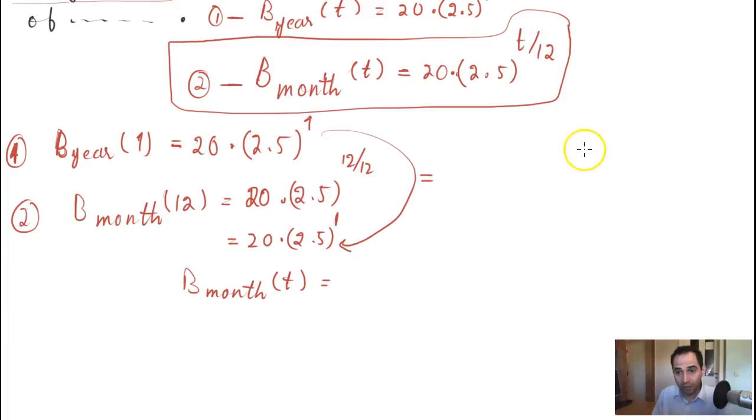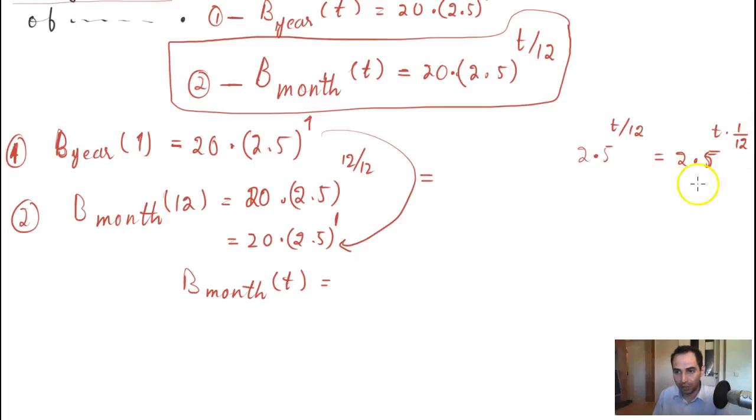So basically what I have here is 2.5 raised to the power t divided by 12. So I can rewrite this as 2.5 raised to the power t times 1 by 12.